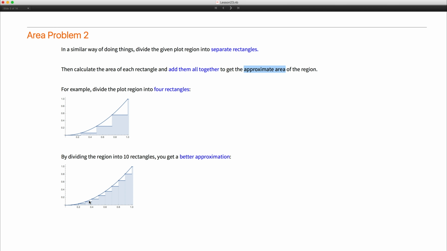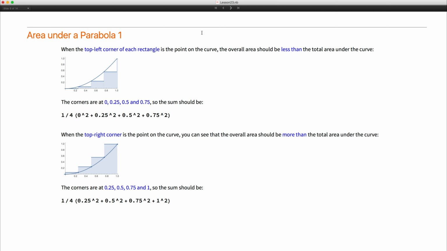If you take more rectangles, let's say 10 rectangles, you will get a better approximation, and as you increase the number of rectangles, hopefully you get a better and better approximation. So that's the idea of area which we want to explore.